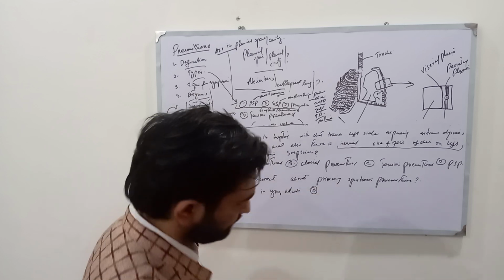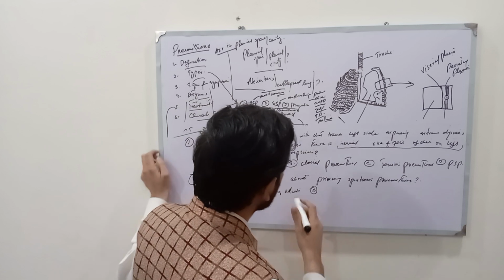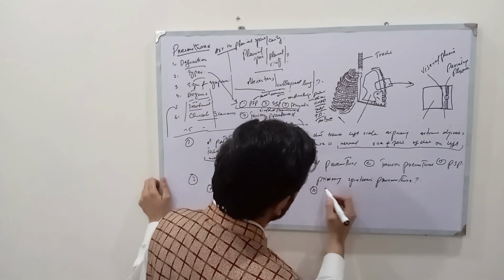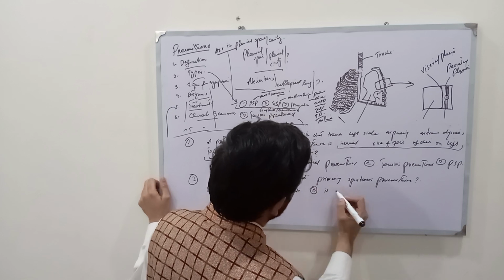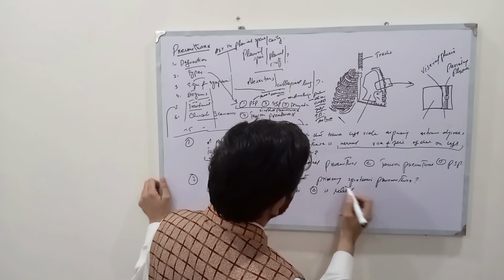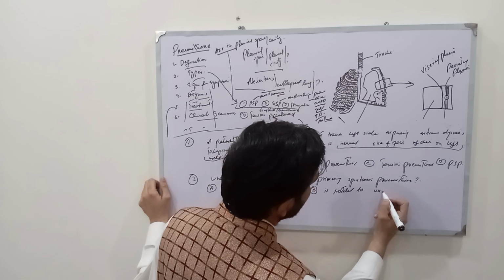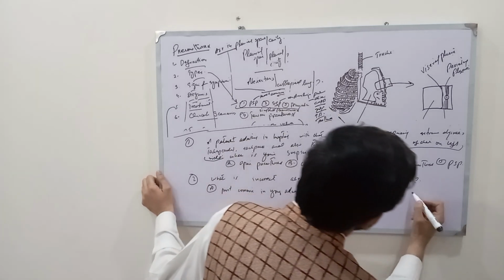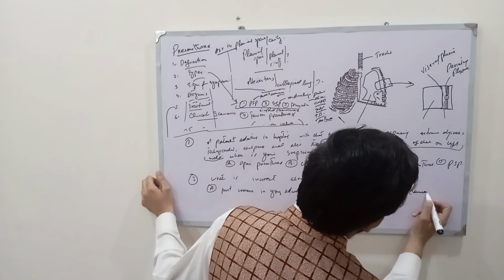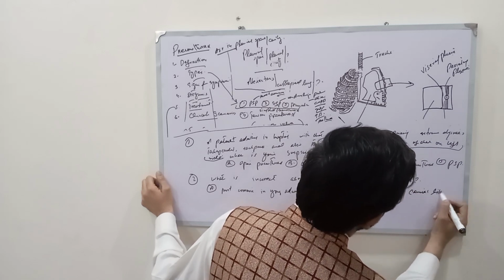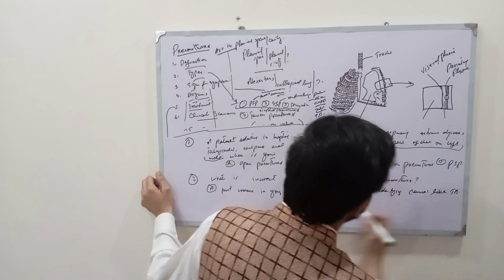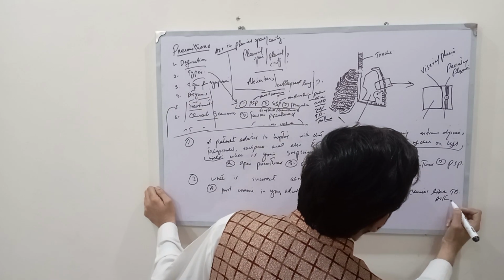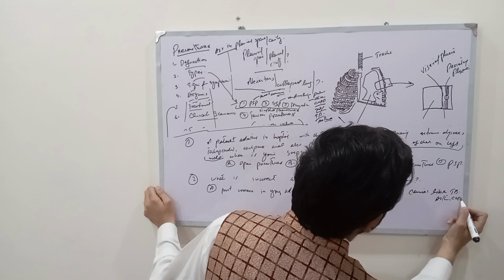B option: related to underlying causes like TB, asthma, or COPD.